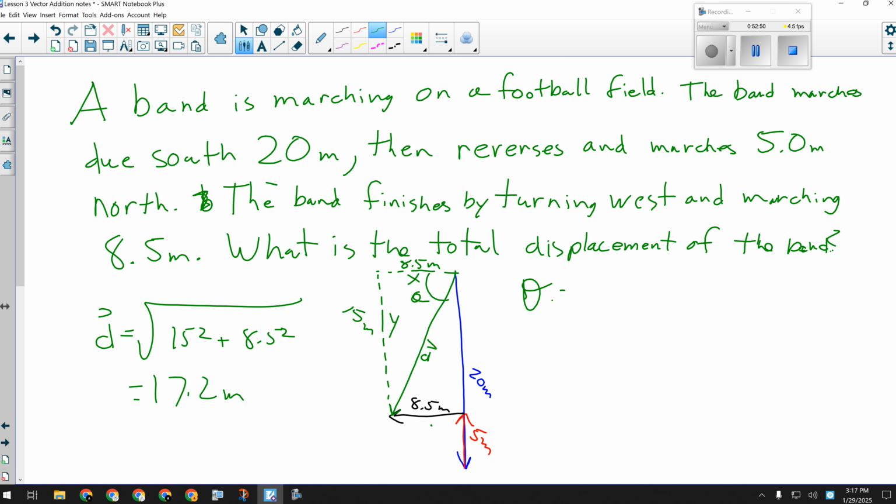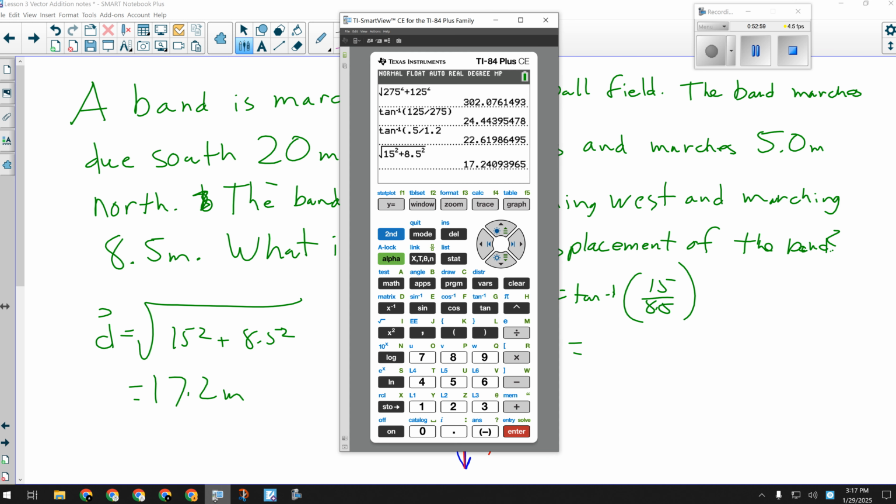So theta will be tan to the minus 1, the way I drew it, 15 over 8.5. We're looking at 60.5.